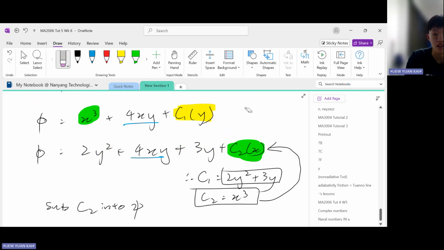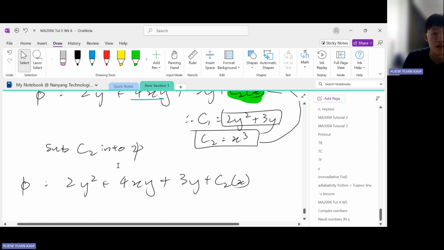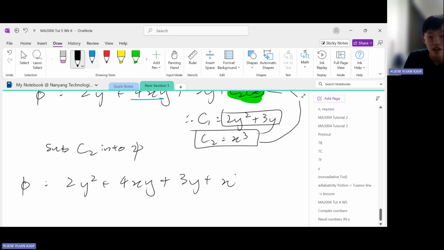Anyways, I'm going to paste, and then the c2 that I obtained, I'll replace it here. So let me just replace it straight away. We have x cubed. And don't forget, after you do this replacement, remember, put plus k.